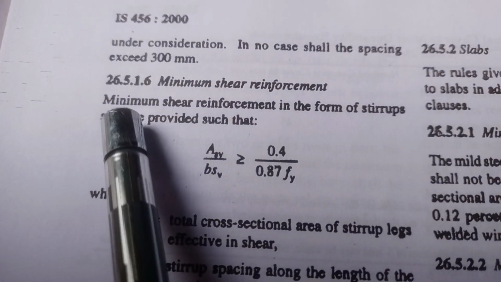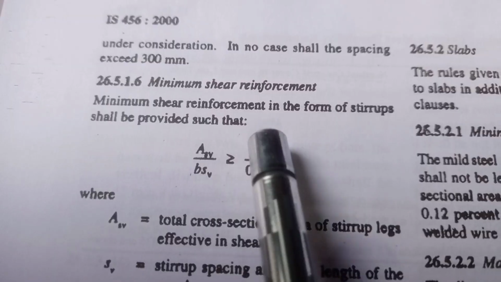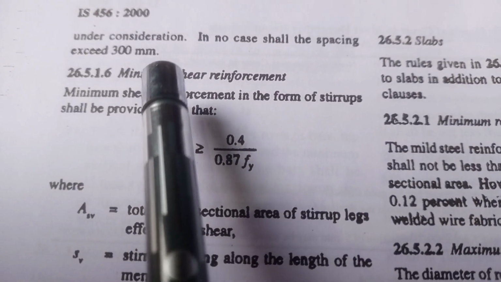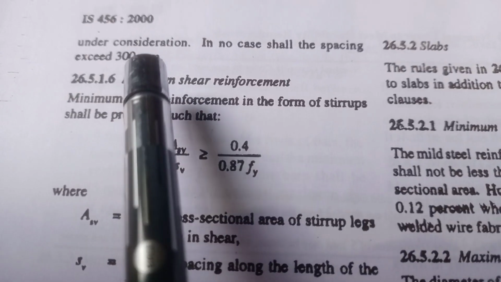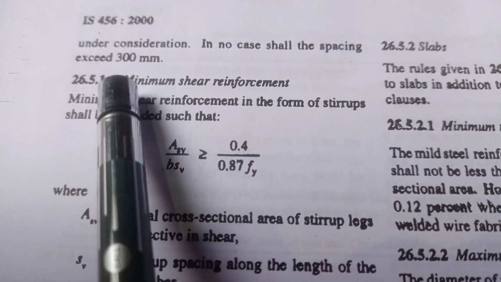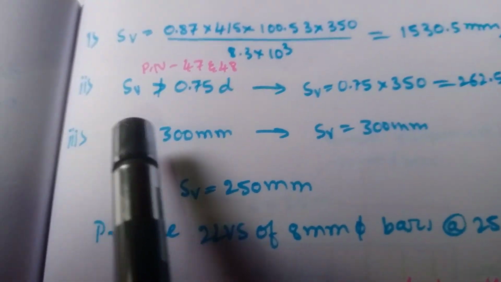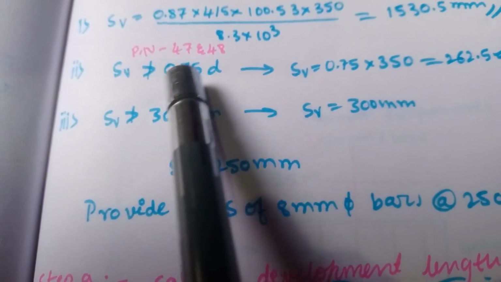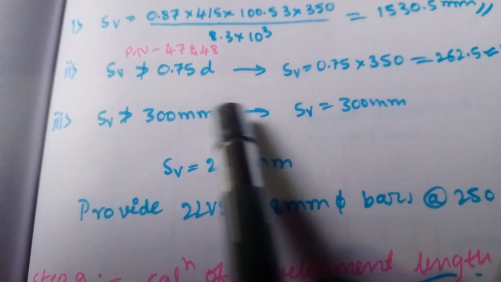And they have said minimum shear reinforcement. These two criteria we need to apply. The first one is our Sv value should not be greater than 0.75 d, and second is our Sv value should not be greater than 300 mm. So Sv should not be greater than 0.75 d, which is given on page number 47.